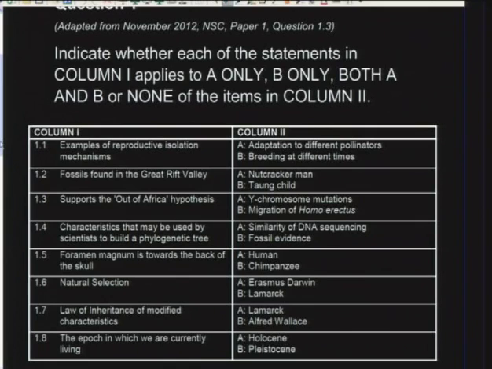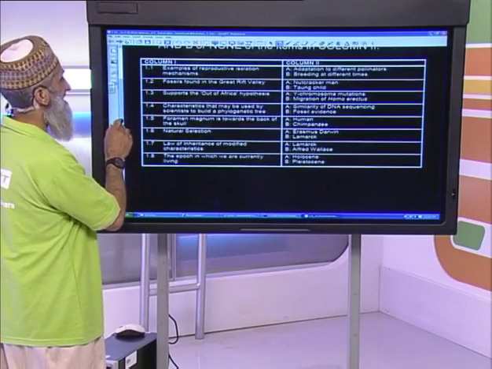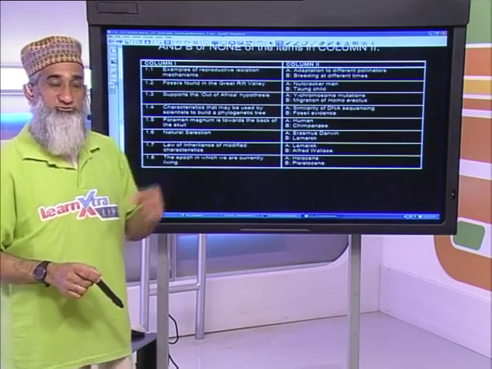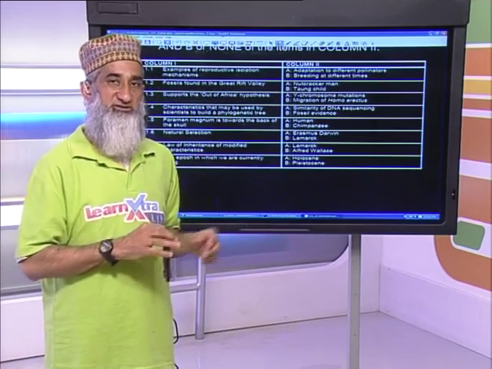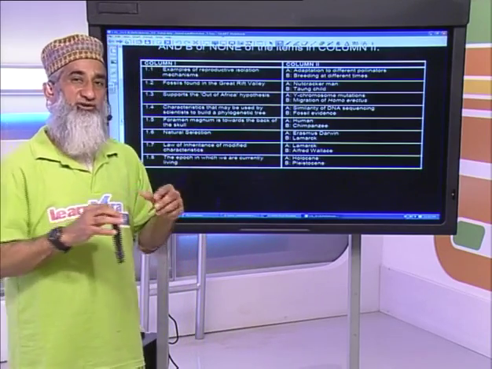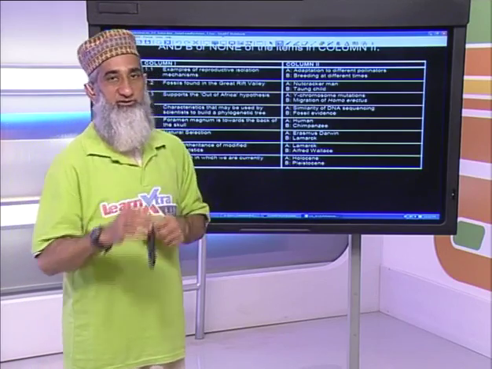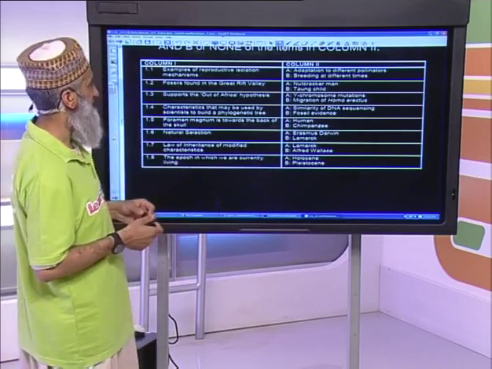So they're giving you something in column 1, and in column 2 they're giving you something else, an explanation or whatever else, and you need to match it. So it's called multiple matching. And you notice this particular matching generally has 2 marks each, because you need to make a selection. You've been given choices, you need to make a selection, and it gets more refined in that you've got to say whether it's A only, B only, and so on. So that's why you're getting 2 marks for that.